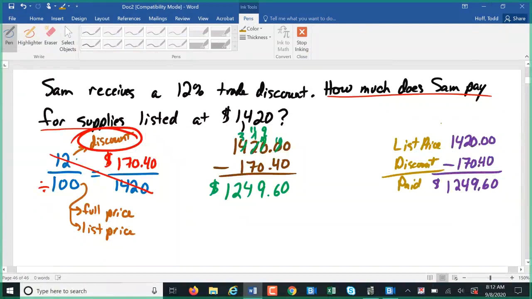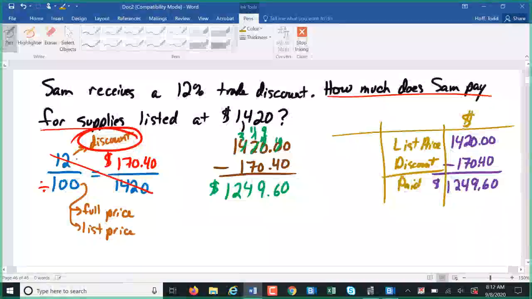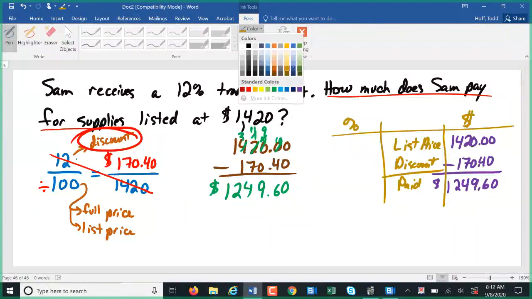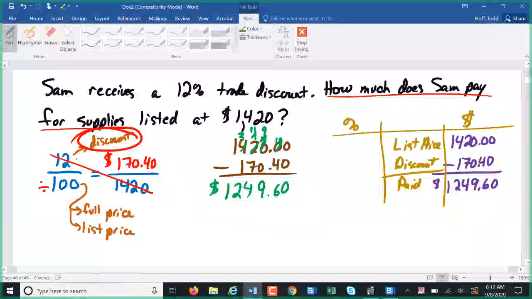But as we mentioned before, every amount in these types of problems is described by two different numbers. This is the dollar amounts, but each of those items is also described by percents. The list price we said before was 100%. The discount was 12%. 100 minus 12 is 88. The amount paid is 88%.